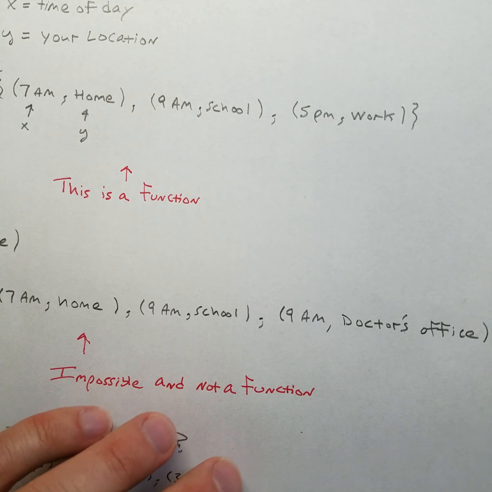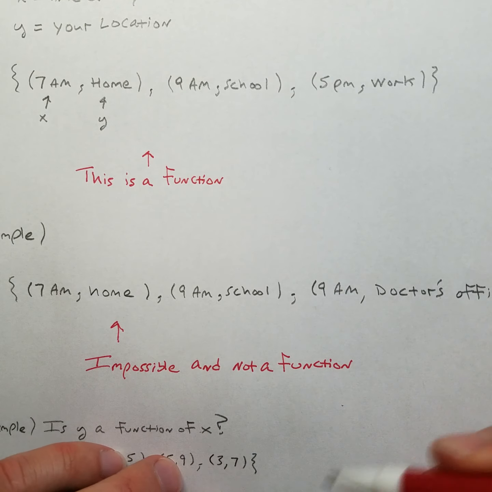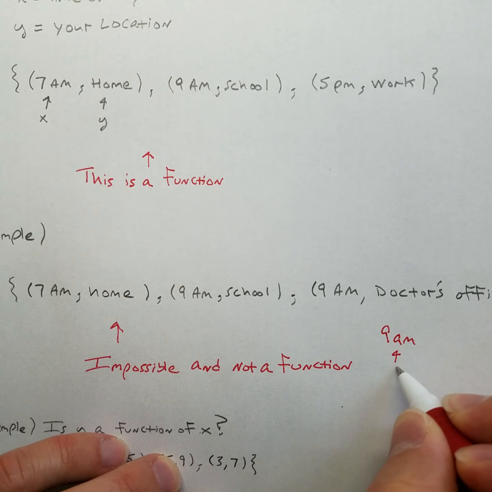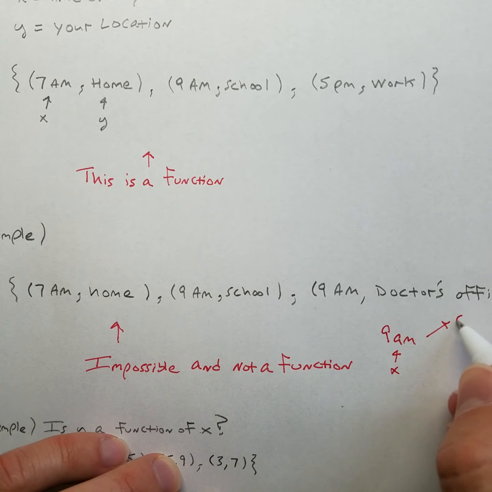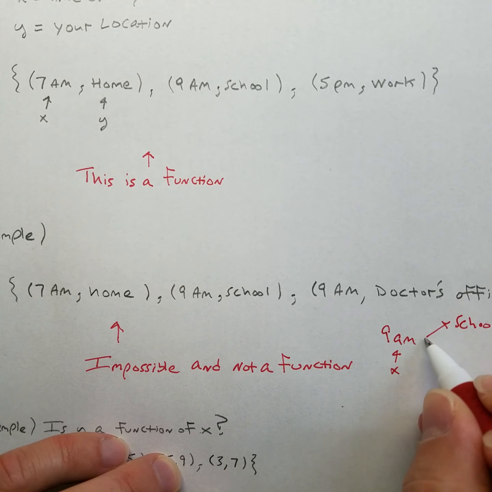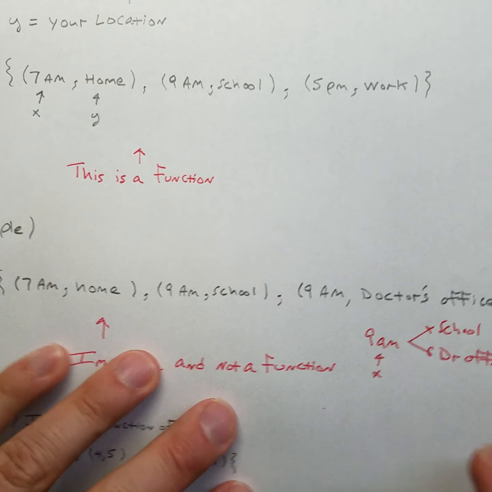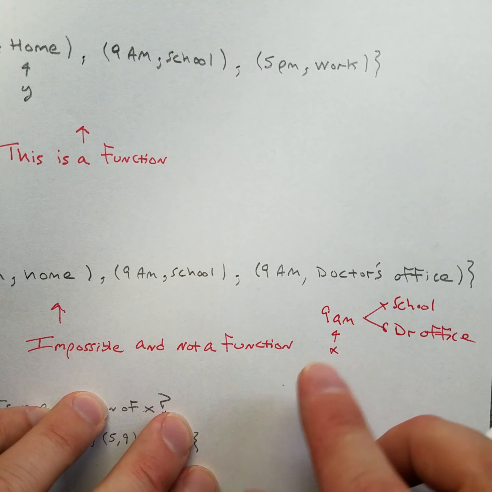So you might look at it like this: it's not a function because at 9 a.m., that being the x, I get paired with school and the doctor's office. And that just can't happen.